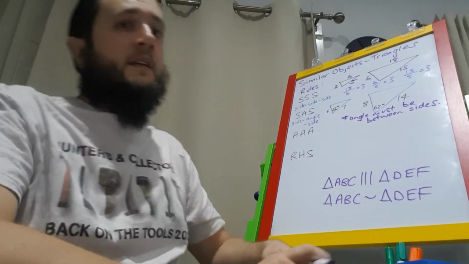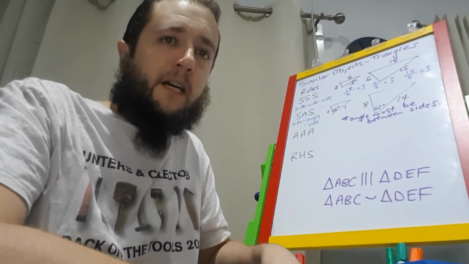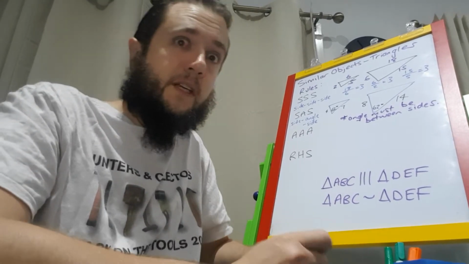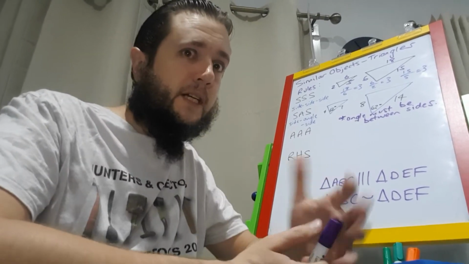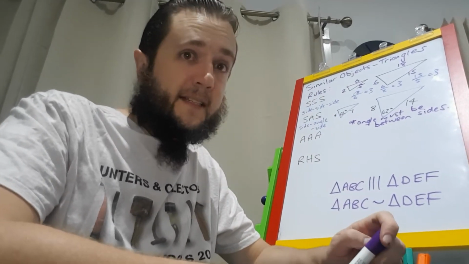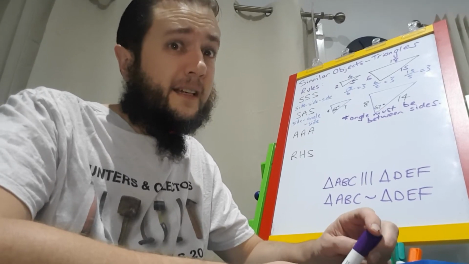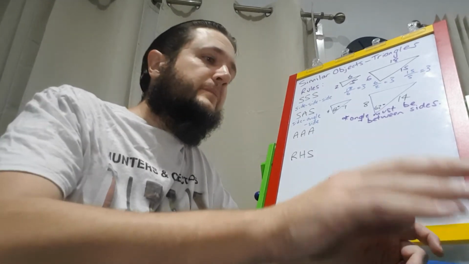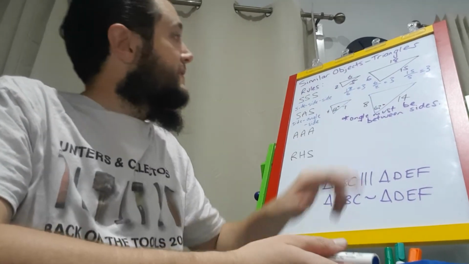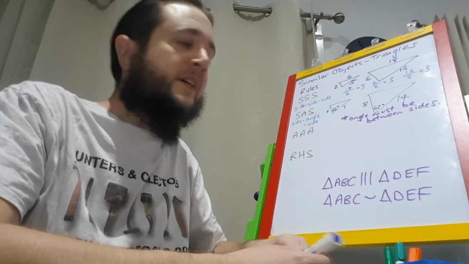Some students express disappointment about that because they don't get to rearrange SAS to be something else that they would prefer to be writing in their books for some reason. But no, it's got to be SAS. You can't do other combinations like SSA, okay? So these two triangles we could call as being similar by the rule SAS. The sides are in ratio and they have the same angle in between.